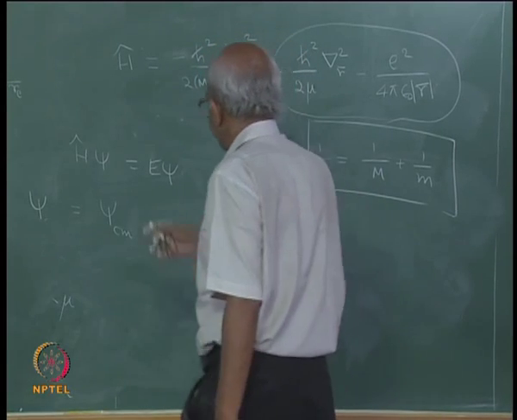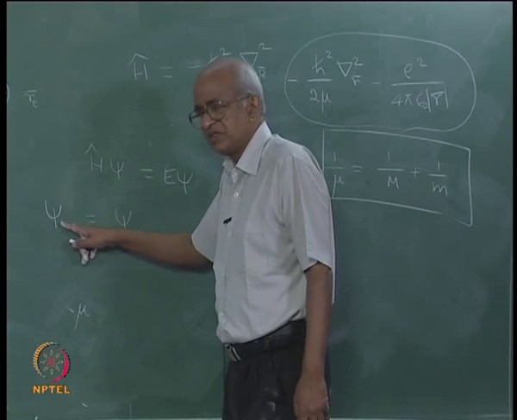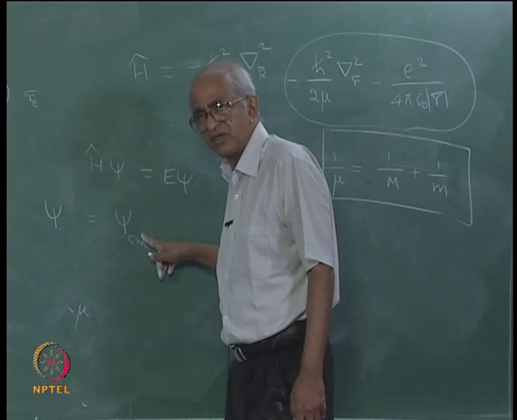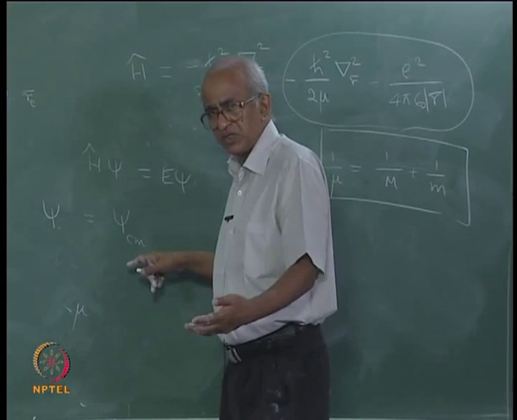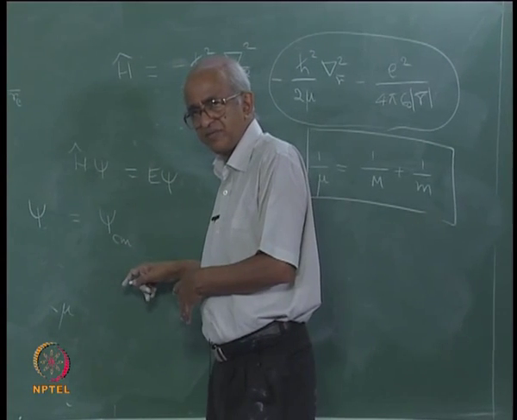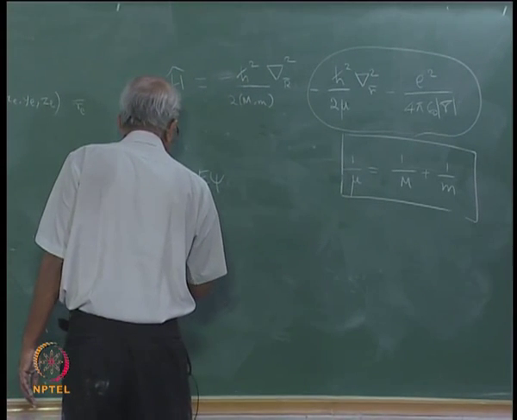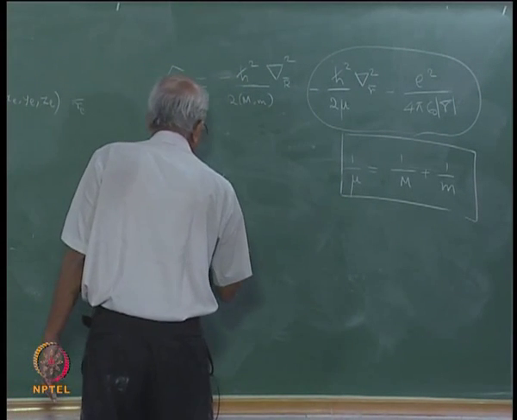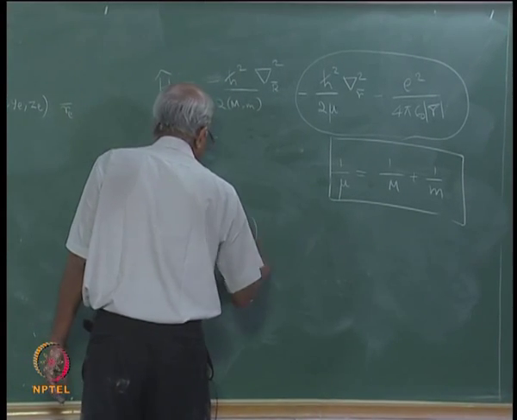Therefore, what I expect to happen is that it should be possible to do a similar thing for my wave function. My wave function must be a product of the center of mass motion and relative motion. So, this psi center of mass will be a function of capital R, and then I would have psi relative, which will be a function of small r.